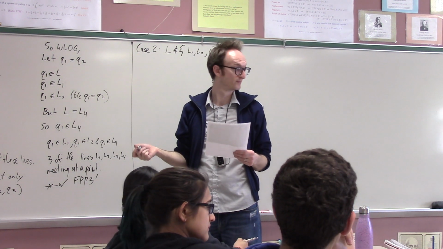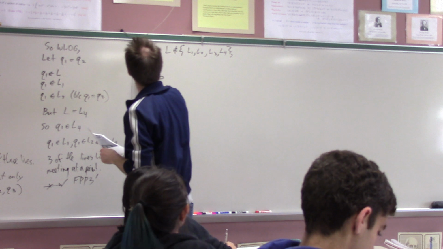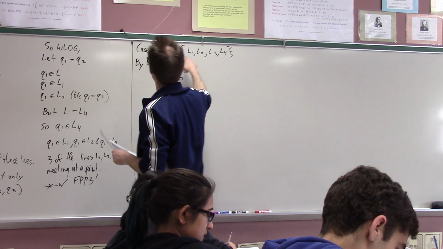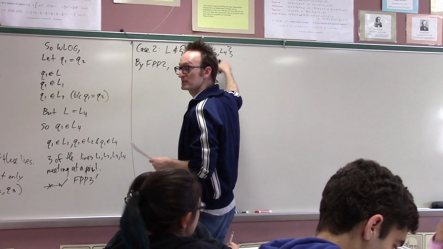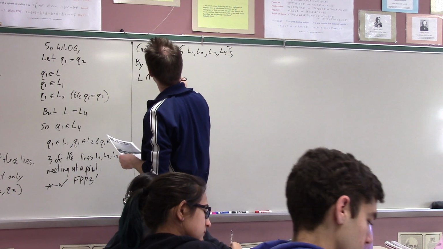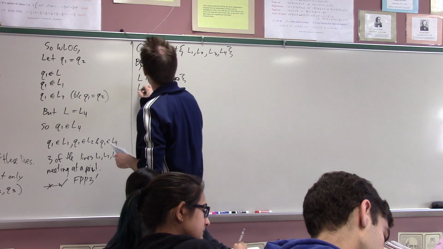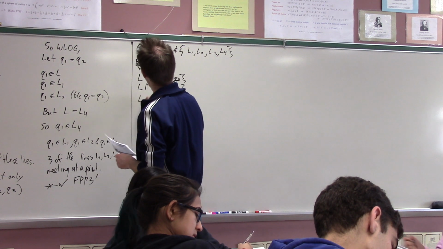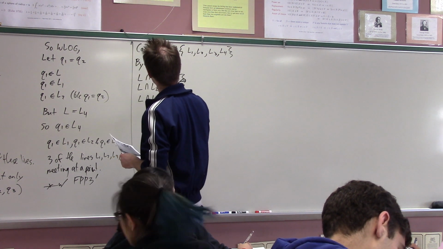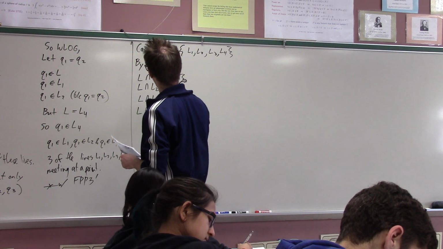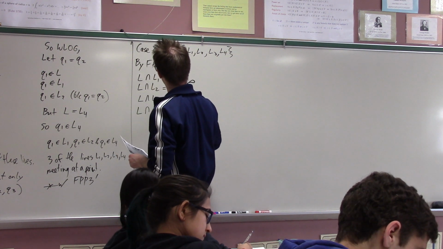So by FPP2, we have points of intersection between L and each of these lines. So I know that L intersects L1. Let's call that point Q1. I know that L intersects L2. Let's call that point Q2. L intersects L3. Let's call that point Q3. And L intersects L4. Let's call that point Q4.